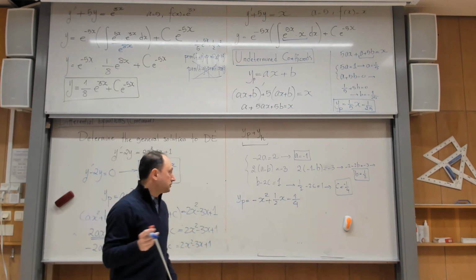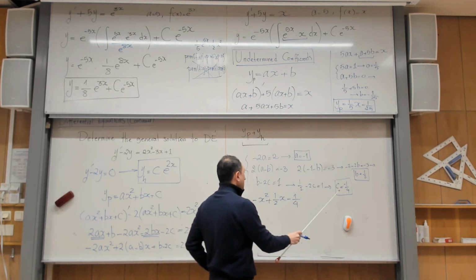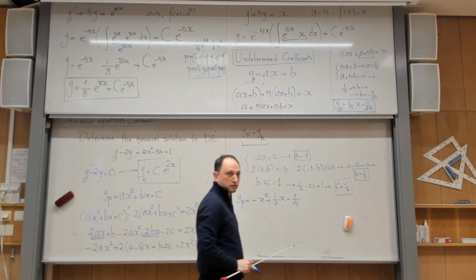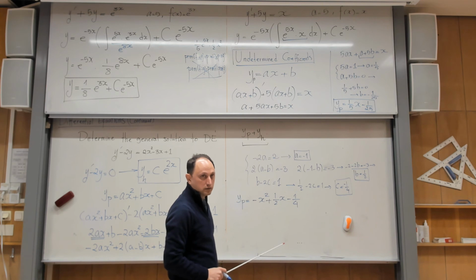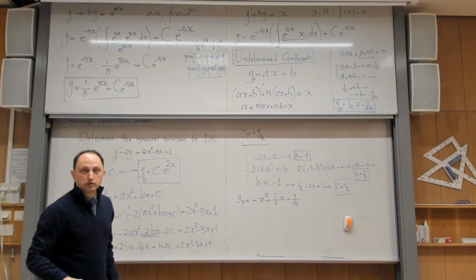Have I done something wrong? Positive? Where? 1/4 c. Here? No, because if you put minus 2 times minus 1/4, it becomes positive 1/2. Yes. Okay, so that is my particular solution.